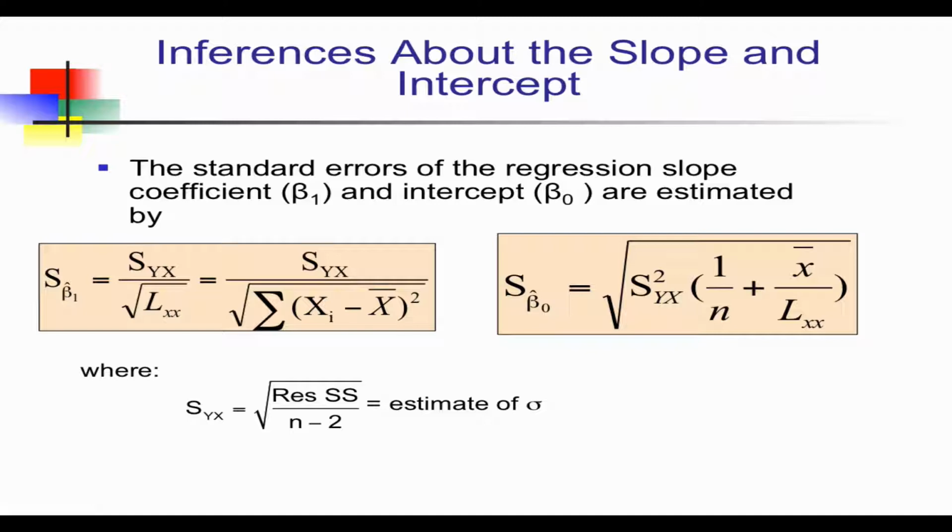However, because you substitute the variance by its estimate, the price you pay is that instead of a normal distribution, beta hat 1 follows a t distribution. And you have the mean and the variance.